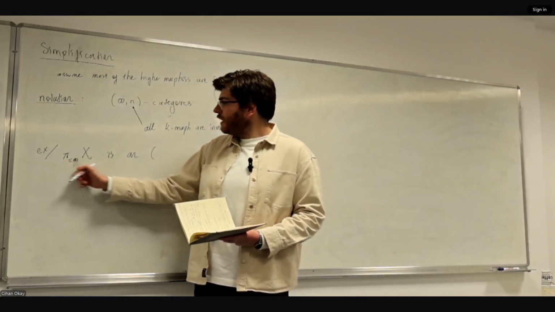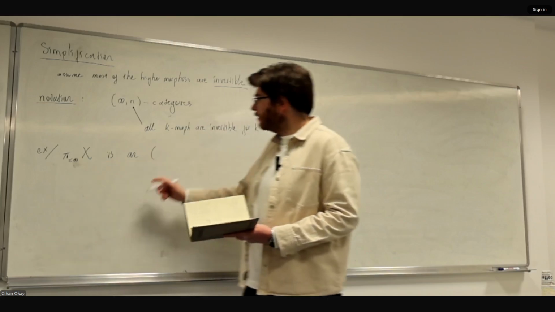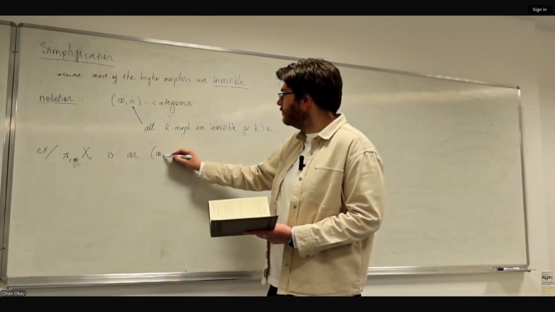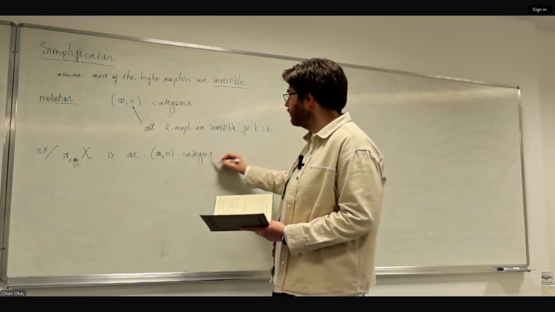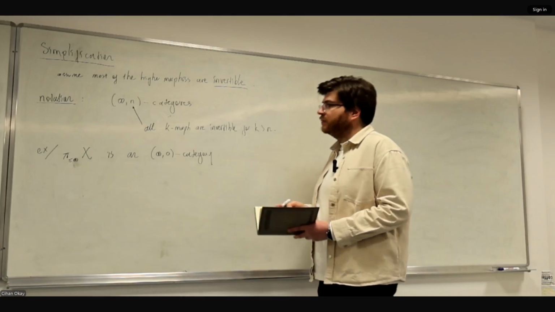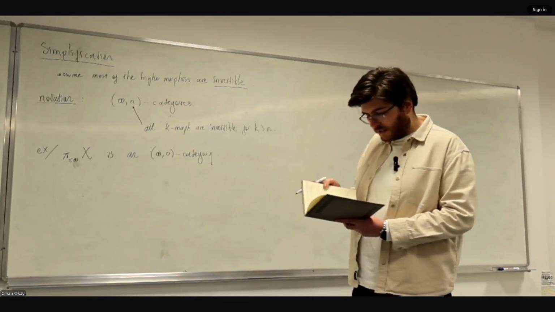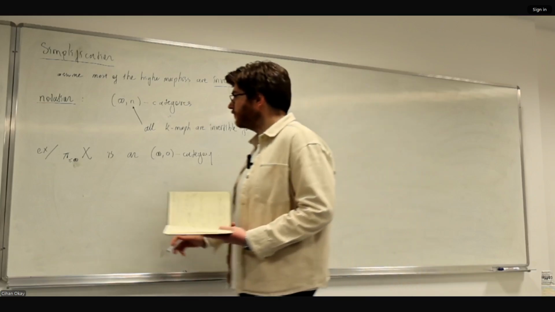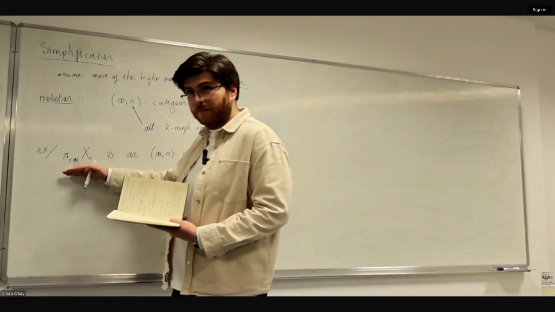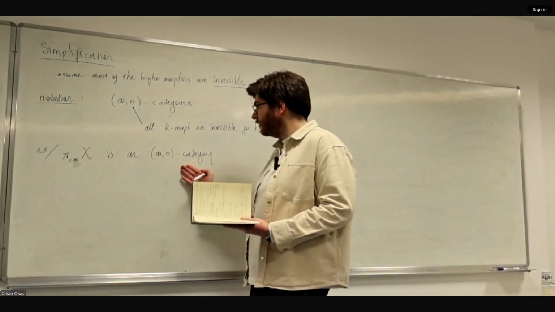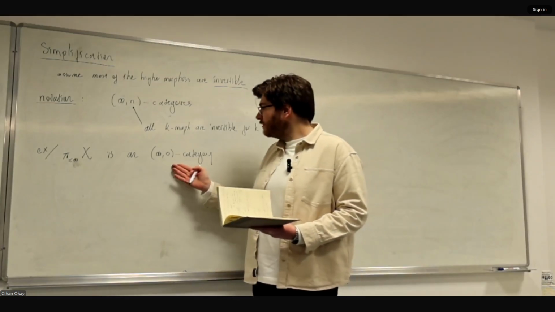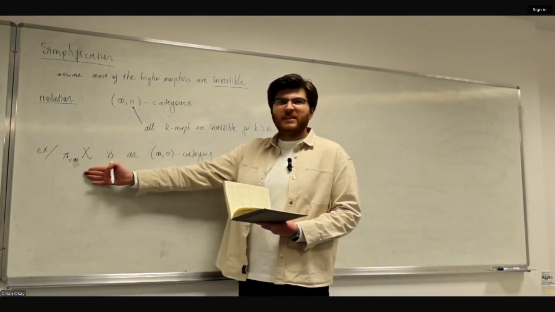Since all maps are just homotopies and invertible, these turn out to be (infinity, 0)-categories. This is a very special and important example, the most important example for (infinity, 0)-categories, because (infinity, 0)-categories are always in that form.